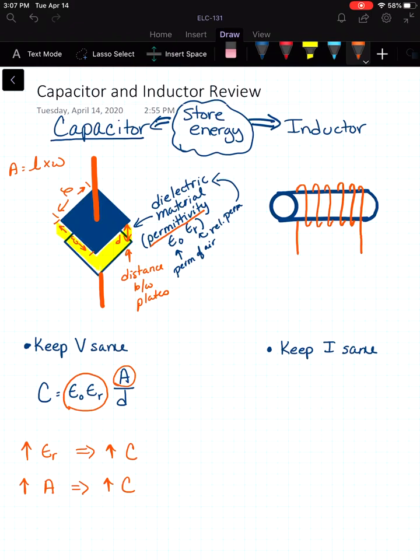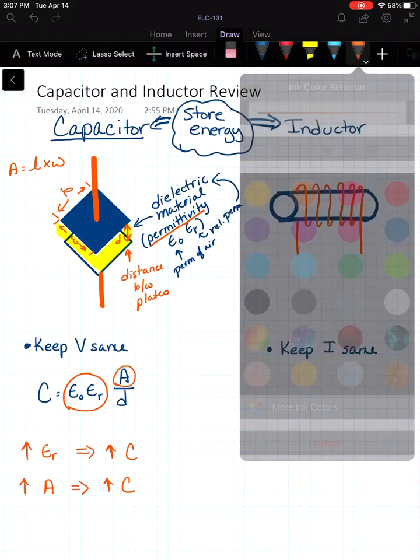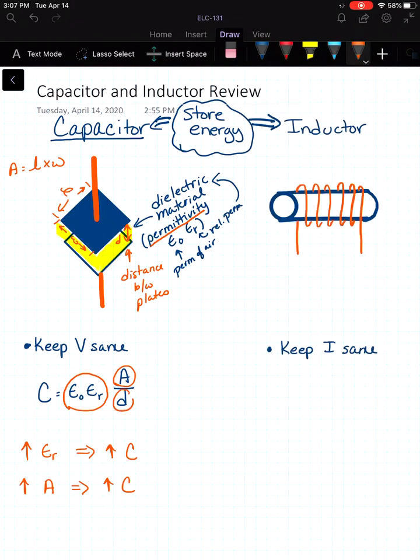Now the distance between the plates is a little bit different. The distance is in the denominator. What that's saying is that as we move these plates farther apart, we weaken the electric field. You can think through that yourself with a magnet.